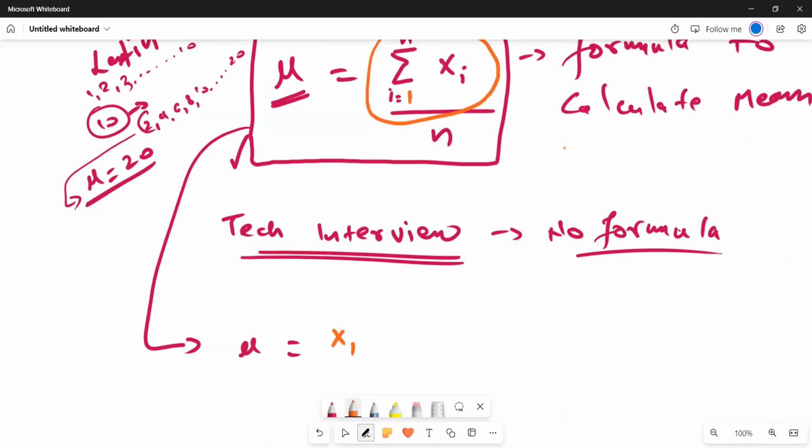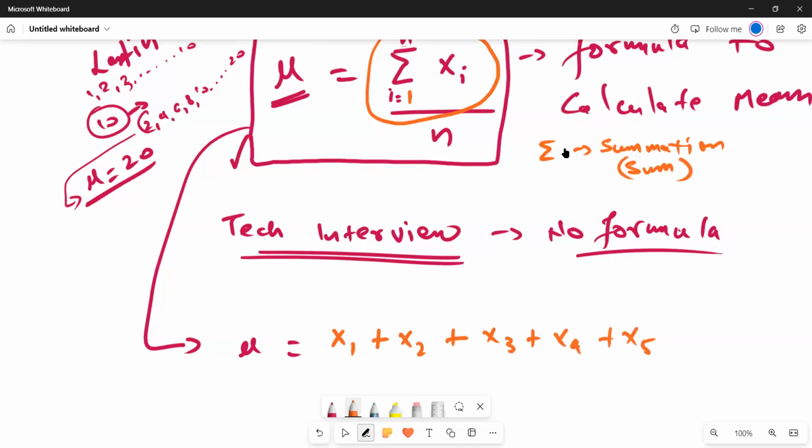And then you go up till n. This symbol is summation, and summation is nothing but the sum of the numbers. So you add up all these numbers: x1 plus x2 plus x3 plus x4 plus x5. There are only 5 elements in our data set, and finally it is divided by n, the total number of elements, which is 5.